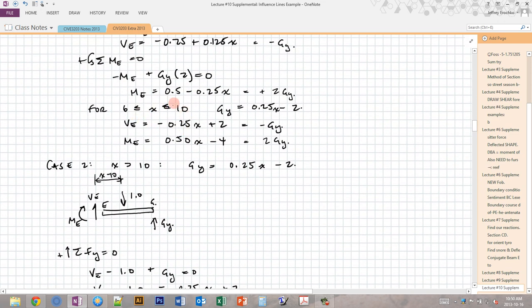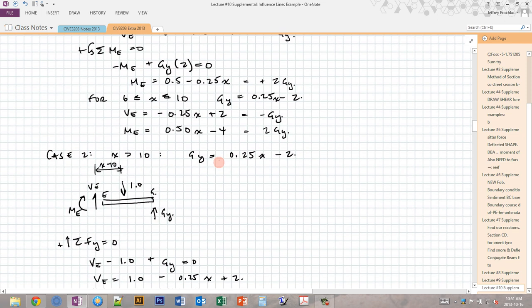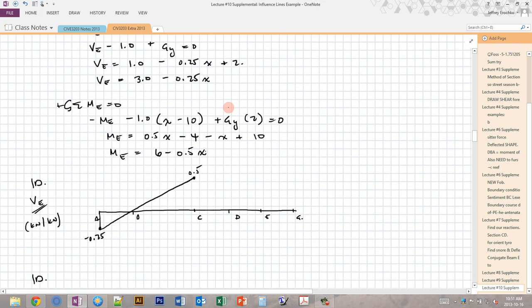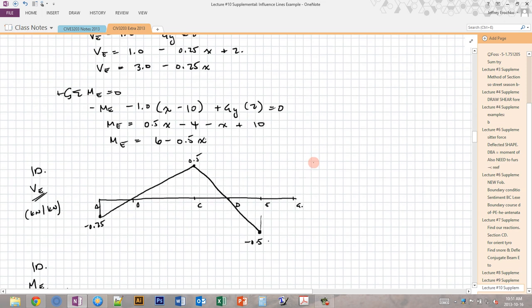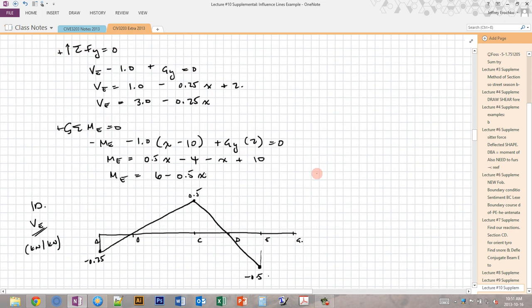Okay, then we go to 10. So if we go x is equal to 10, then we sub in here. So we get negative 2.5 plus 2 is negative 0.5, and that's at E. So that's down here. So I draw a straight line between here and negative 0.5. And now here's where our left of E and right of E come into play.